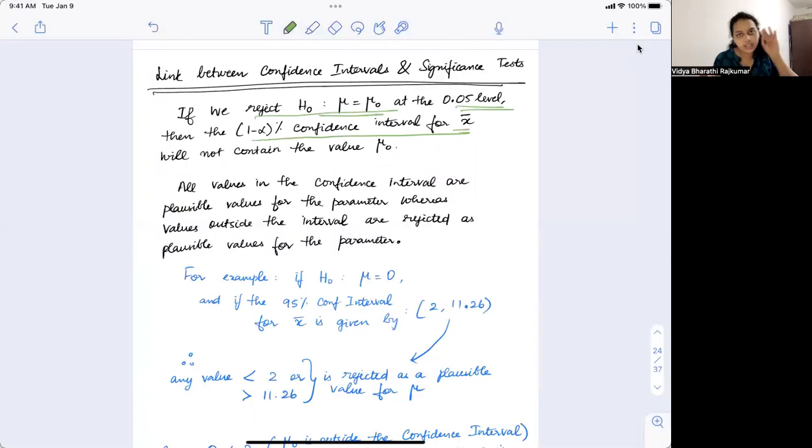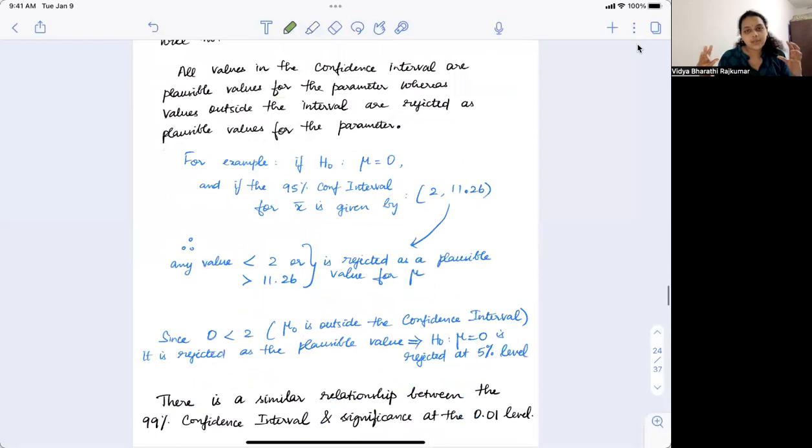That is, if you reject your null hypothesis, your confidence interval will not include that hypothesized value. Or rather, another way to reject the null is you check your confidence interval, and if you see that your confidence interval does not include the hypothesized value, go ahead and reject the null.